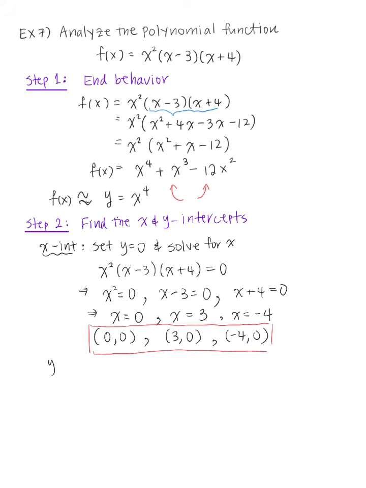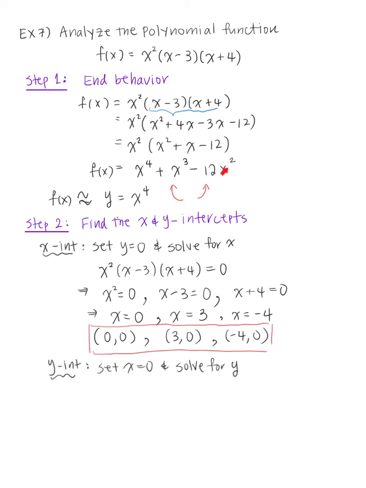Now let's go with the y-intercept. For the y-intercept, you're going to have to set x equals to 0, and then you solve for y. For this one, I would take the expanded form. Well, this is equivalently easy, I guess. If I set x equals to 0, you're going to have 0 to the fourth plus 0 cubed minus 12 times 0 squared.